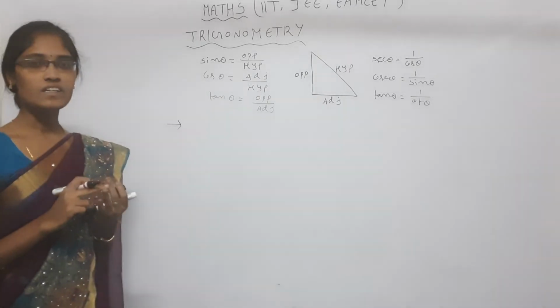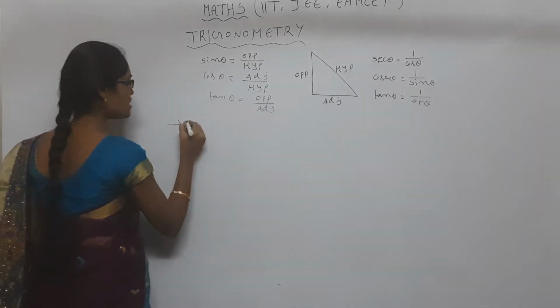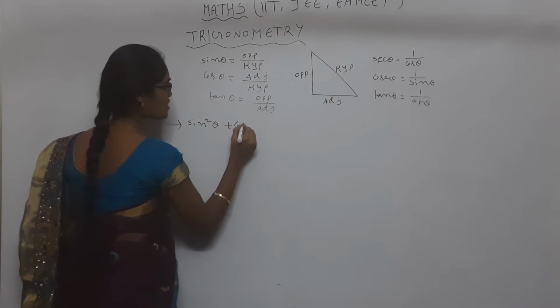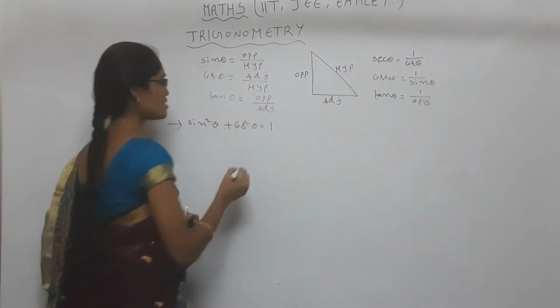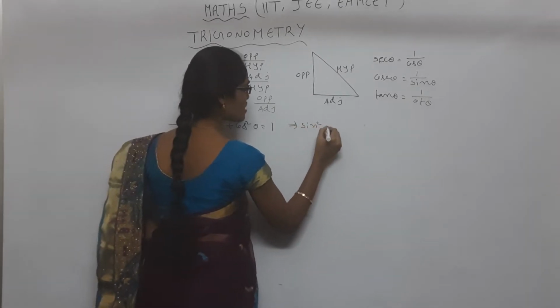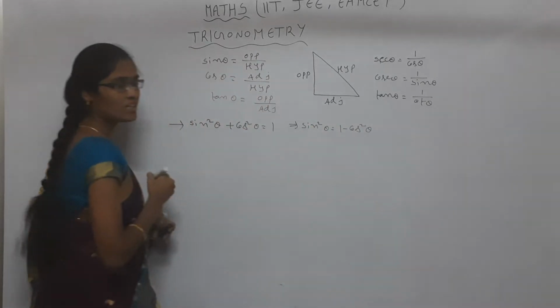Okay, now next we will see the identities: identities in sin and cos, secant and tan, cosecant and cot. In sin and cos, sin square theta plus cos square theta is equal to 1. From this, sin square theta is equal to 1 minus cos square theta.